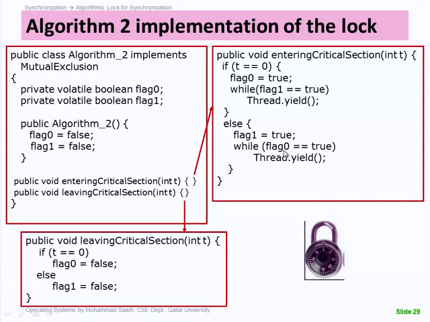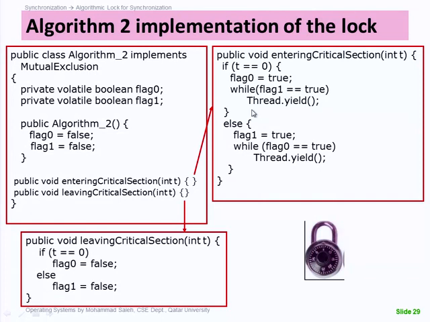Thread 0 having the intention to enter the critical section. That's good for thread 0, because now thread 0 can resume. However, when thread 0 resumes, it will resume at this point, enter the loop, and check the condition. Flag 1 true? Yes. Suspend yourself. And this will continue.